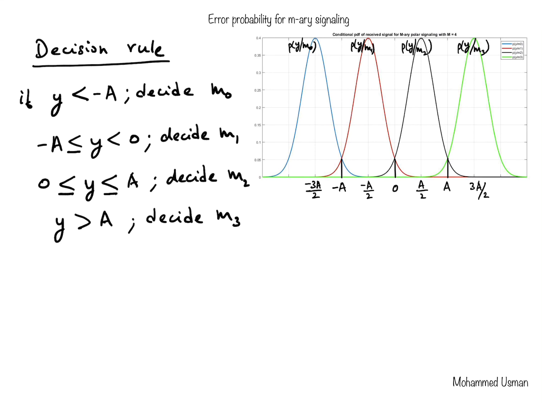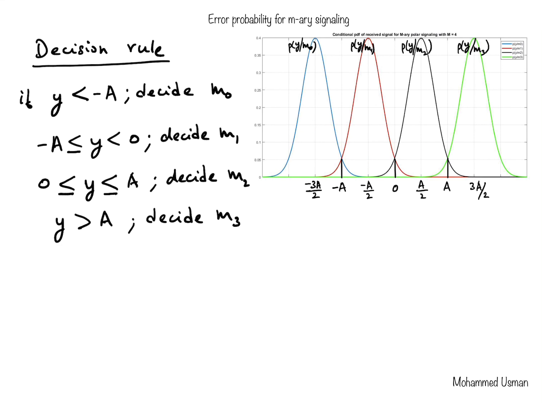The reason why we give this equality in favor of the symbols which are in between is that those symbols have two boundaries. M1 has a boundary on the left and on the right. If it goes outside the left boundary or outside the right boundary, it will go to the neighboring symbol.